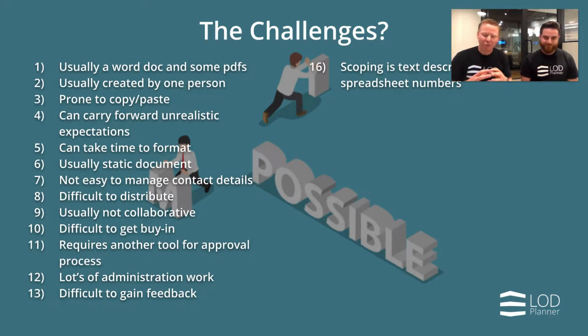A real challenge when you're writing a scope and you're using just a text description is that sometimes it's difficult to define what the inclusions and what the exclusions are. And if you're writing, for example, just the exclusions, then it could mean that you miss something and you end up unknowingly including so much more.